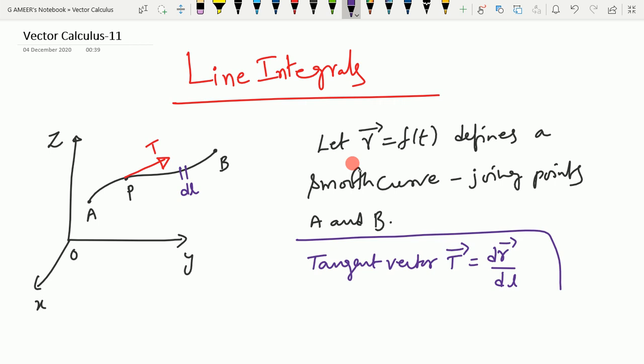If we want the unit vector, we can calculate it. Here r is a position vector, with x component i cap plus y component j cap and z component k cap. Here x, y and z are each functions of the parameter t. So this is the vector function.